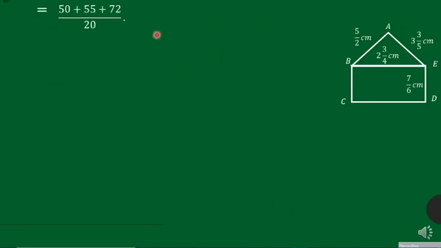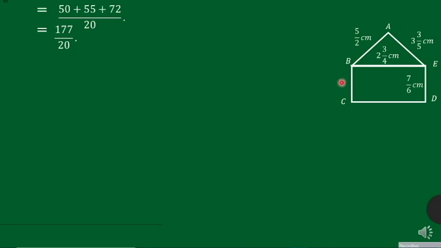Now perform the addition. You will get here 177 upon 20. What is 177 upon 20? 177 upon 20 is the perimeter of triangle ABE.